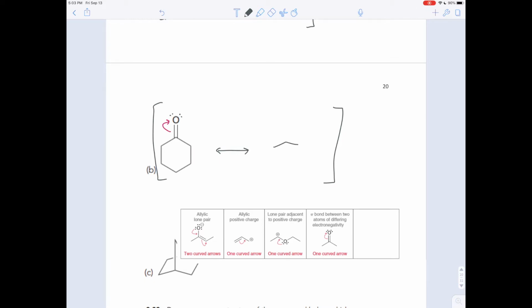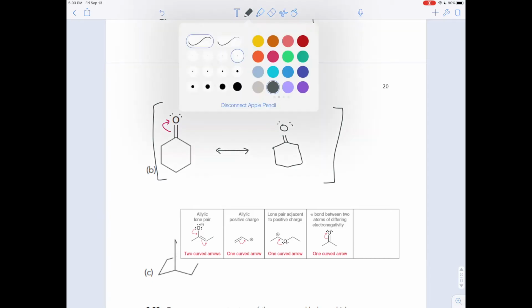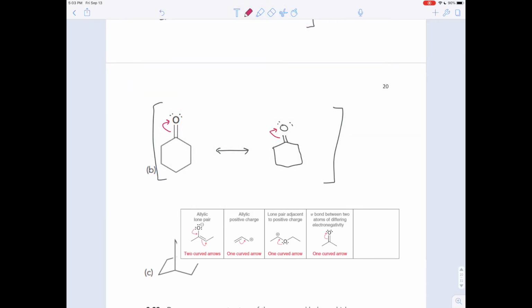So to draw the resonance structure, you just copy that structure at first, exactly as it is. And wherever the tail of the curved arrow is pointing, those are electrons that are moving away from there, so erase those. And wherever the head of the curved arrow is pointing, that's where the electrons are arriving, so you want to draw the electrons in.